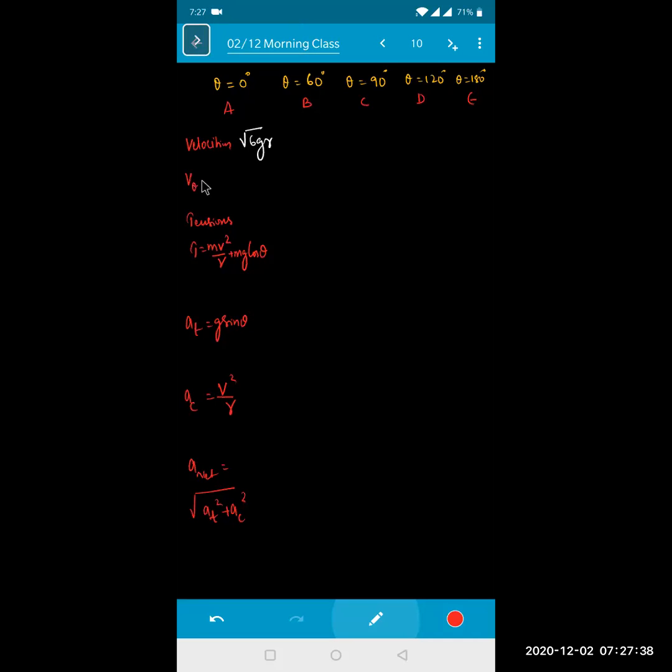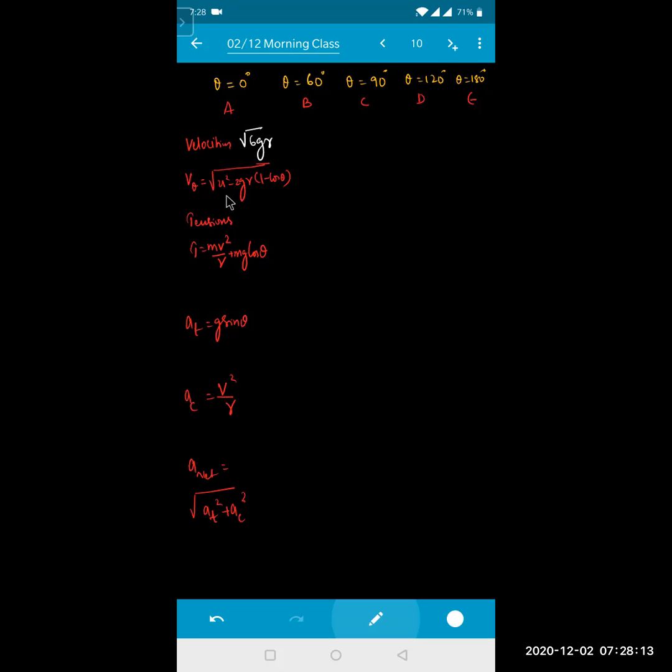Velocity at any angle theta will be equal to under root of u square minus 2gr into 1 minus cos theta. Now take the value of cos theta equal to cos 60. Cos 60 is how much? 1 by 2. So 1 minus 1 by 2 is 1 by 2. And the initial velocity is u, which is 6gr.